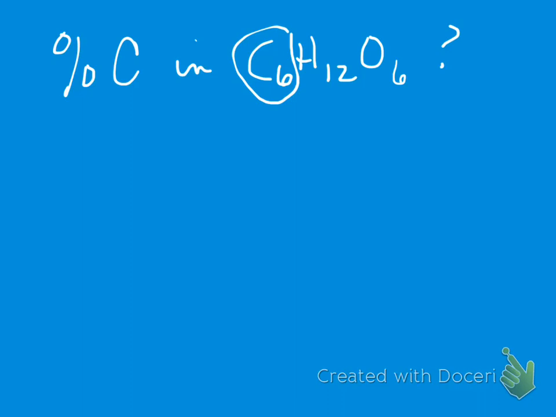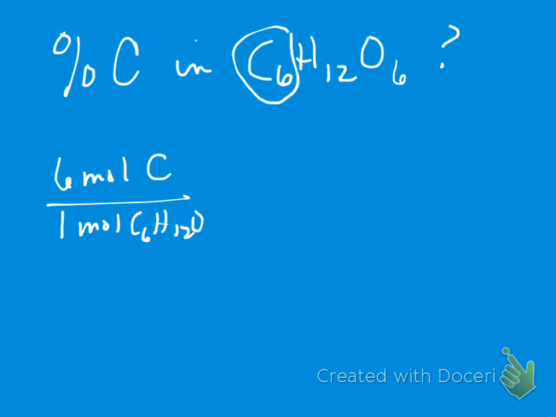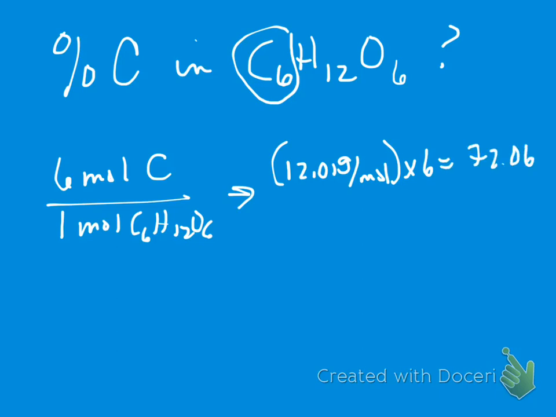So 6 moles of carbon in 1 mole of C6H12O6. Well, what's the mass of 6 moles of carbon? Which is the molar mass of carbon times 6. 12.01 grams per mole times 6, we get 72.06.